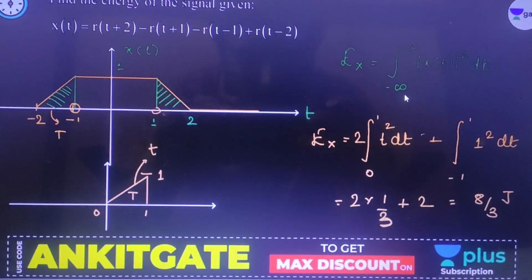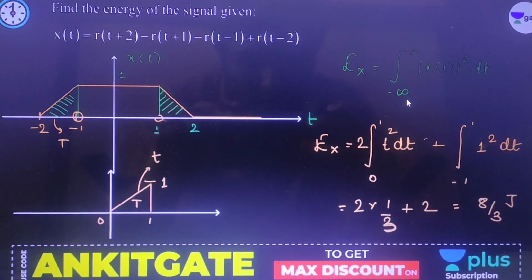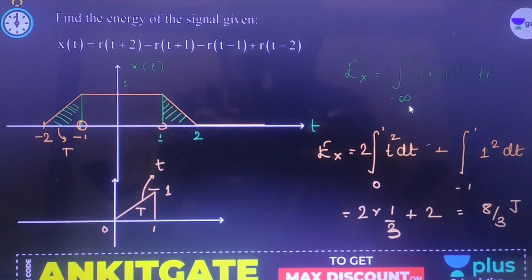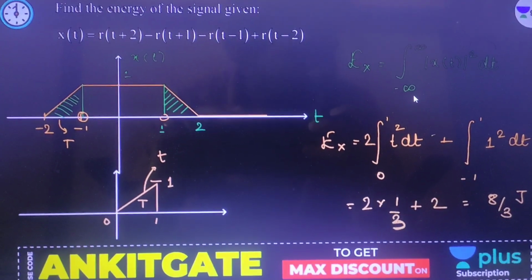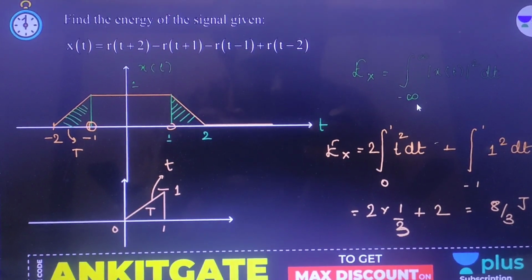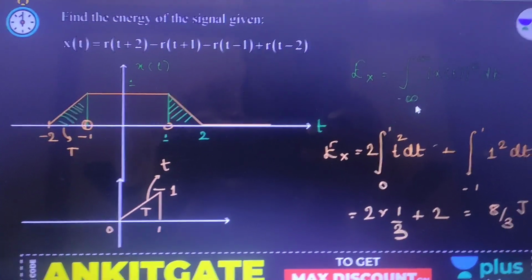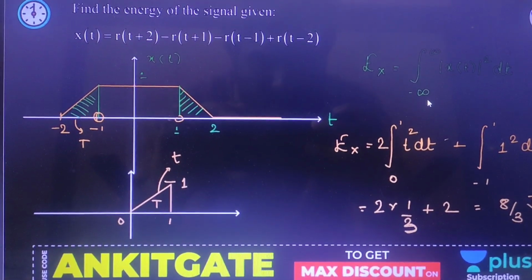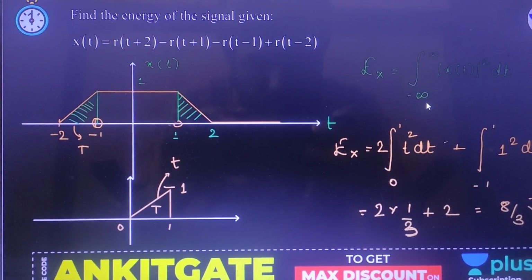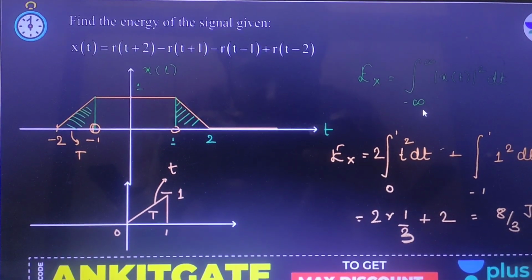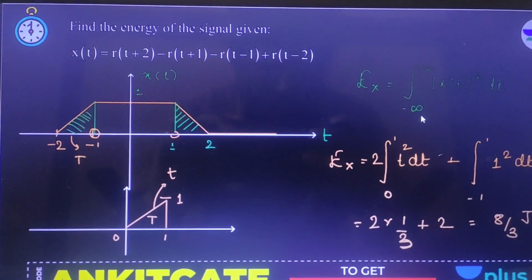Or by using the shortcut, you can find the energy of a signal in a simple way. First, you should remember the energy of a triangle from minus tau to tau will be 2 by 3 A square tau, and the energy of a square signal will be A square tau.